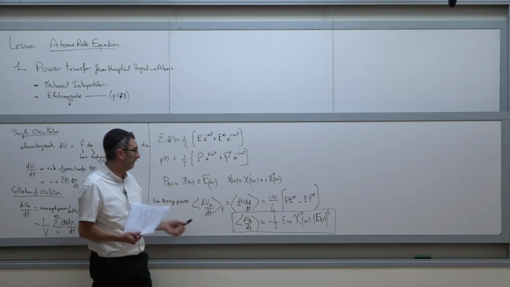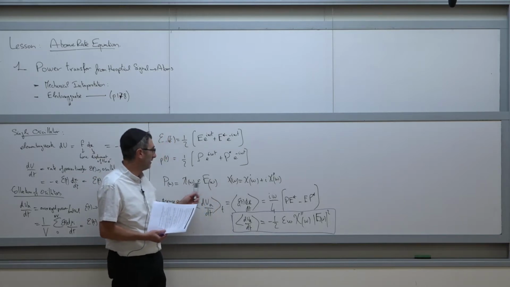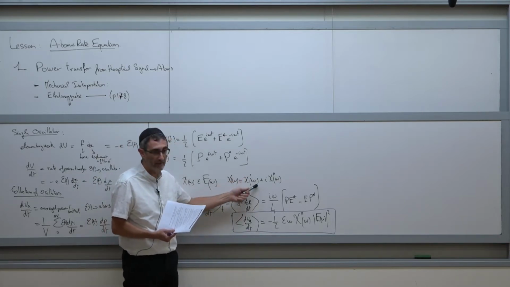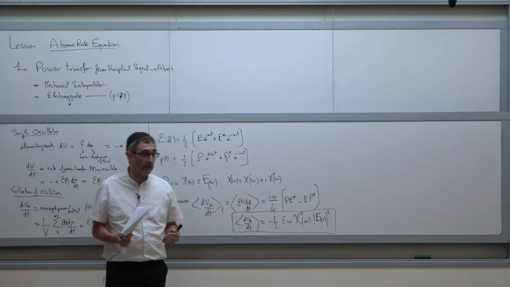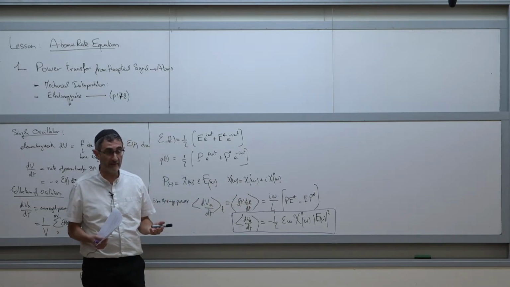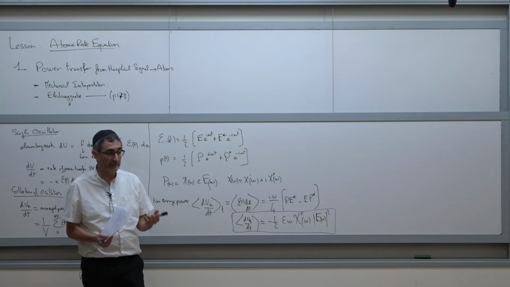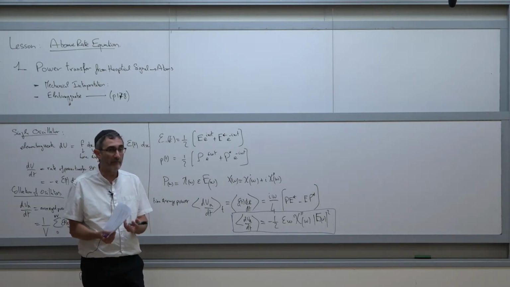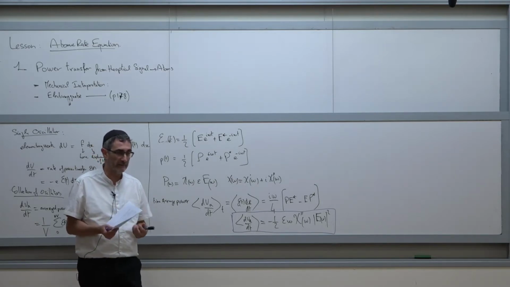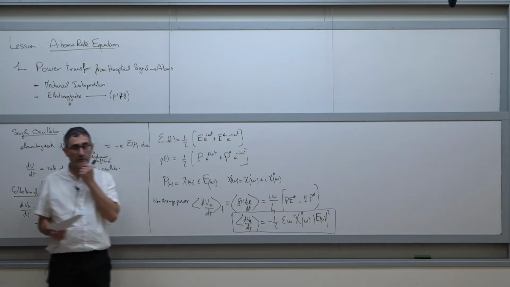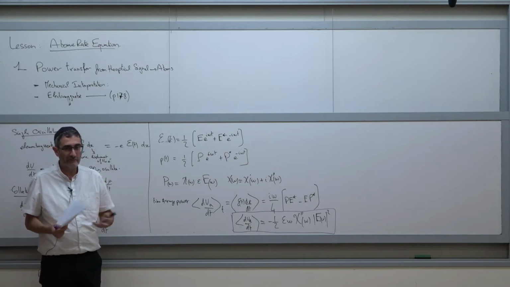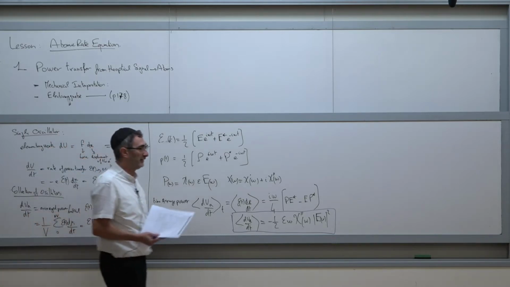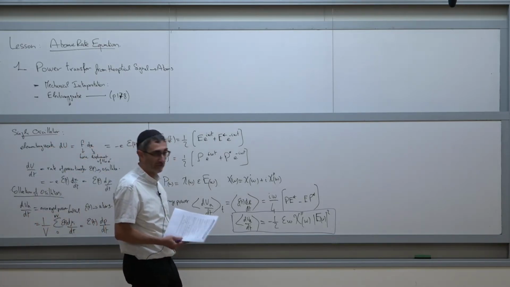So if chi had only a real part, it would mean that the field will just cross the system. It can induce a phase shift. The field can be shifted in phase, but there is no absorption of energy from this field inside the system. I try to give you the physics understanding of what we are doing here.